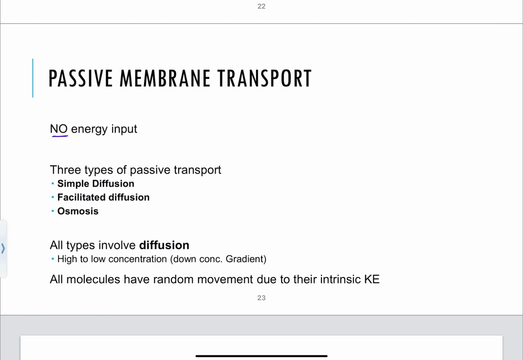Regardless, all the types of passive transport involve diffusion, which means we're moving something from a high concentration to a low concentration, down a concentration gradient. And moving something down a concentration gradient means it's not going to require any outside energy or any energy input.